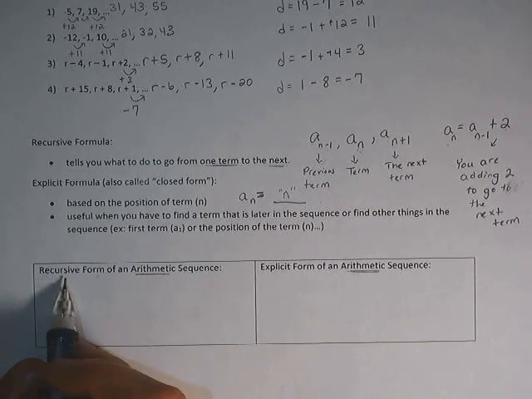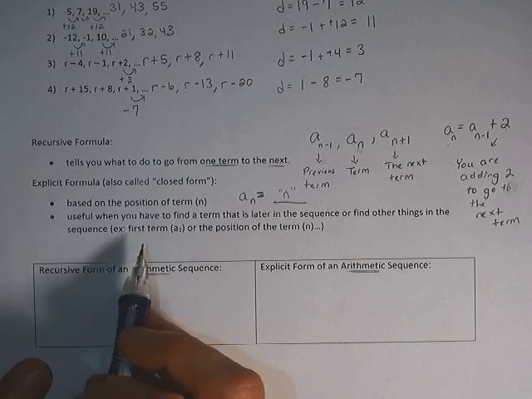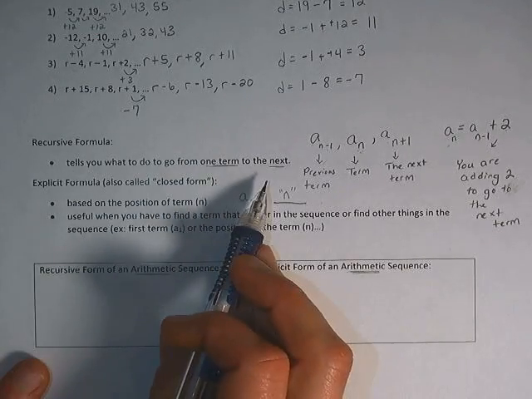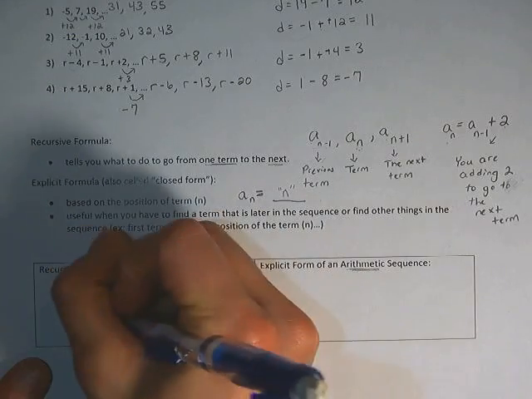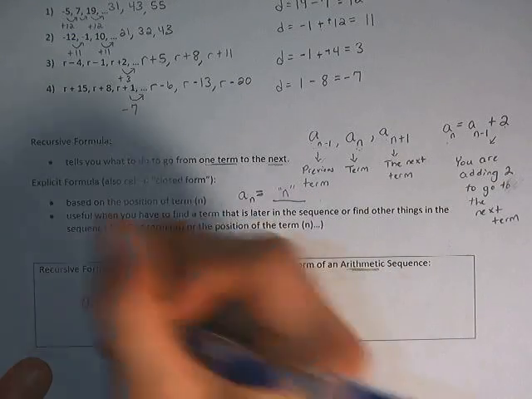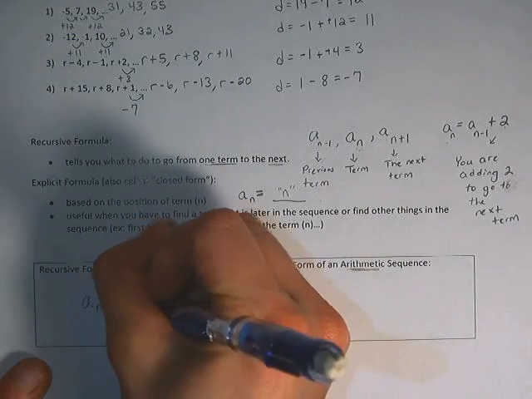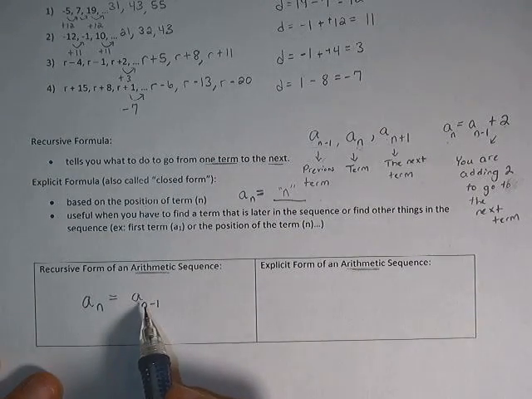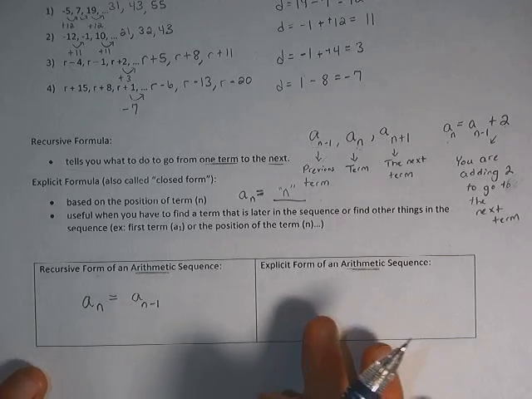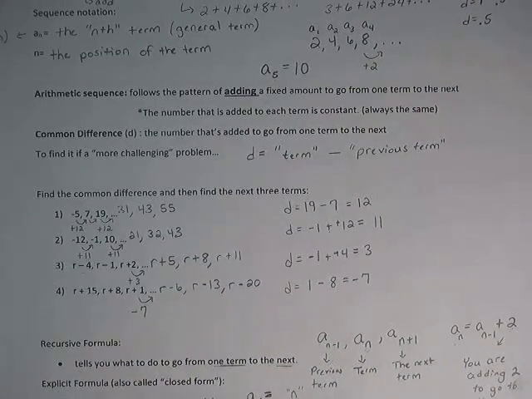Okay, so when you have to write the recursive form, remember this is what you do to go from one term to the next. You're going to take and do something to the previous term. So remember, this is your previous term. Well, if you remember, go back up here and look.